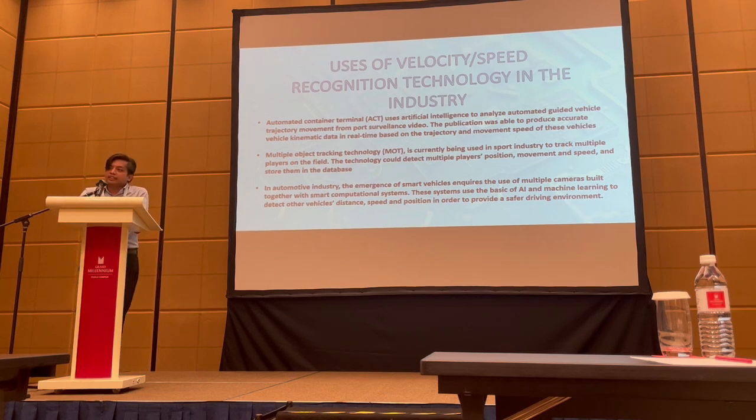For example, in the sport industry, they already use speed recognition. They can recognize every player on the field and know the movement speed of every player. Speed recognition is also abundantly used in the automotive industry and the shipping industry.